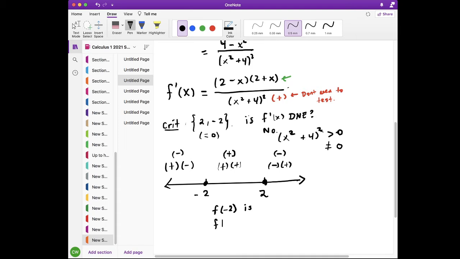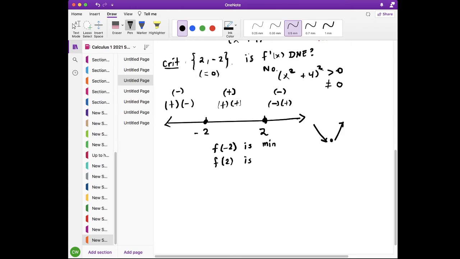Good, a min. All right, and if you ever forget the rule, just kind of draw a picture. Negative derivative to positive derivative, that looks small. Okay, and then similarly, going from a positive derivative to a negative derivative is a max.